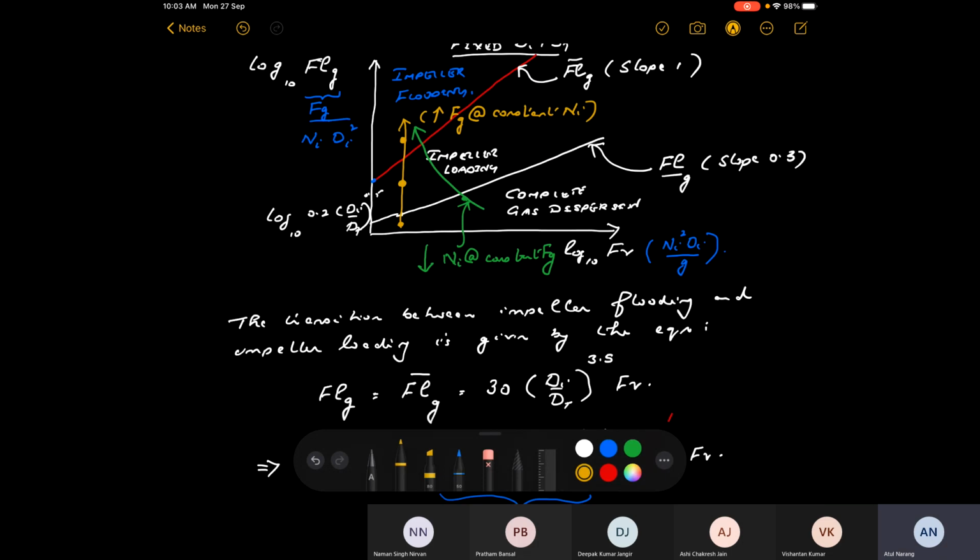Which one of these two do you end up in, because you have cranked up the gas flow rate while everything else was the same? It'll turn out to be one of these two regimes. But the second question is now saying that, now that you know you're operating in an undesirable regime, how will you crank up the N sub I to come back? So supposing you were in the impeller flooded or loaded regime, you would have to increase N sub I to come back somewhere here by this path. And that is what the problem is asking you to do.